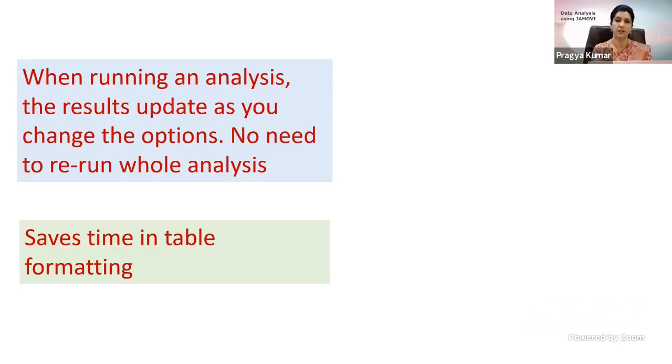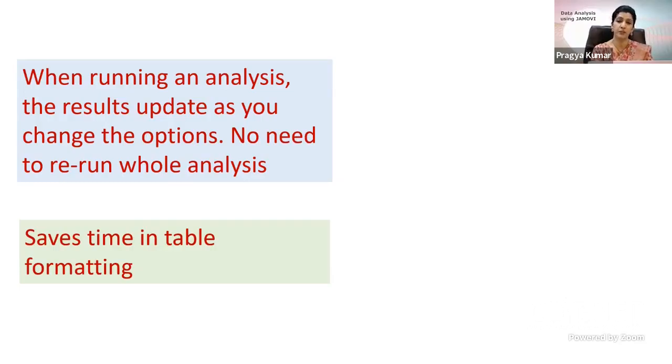But in Jamovi, you can see very quickly the significance, non-significance, the plain descriptive, the type of table which is appearing. For the independent sample t-test or other inferential statistics, it also saves time in formatting tables, because the table is in the form of a Word table and you can copy paste it and format it there.